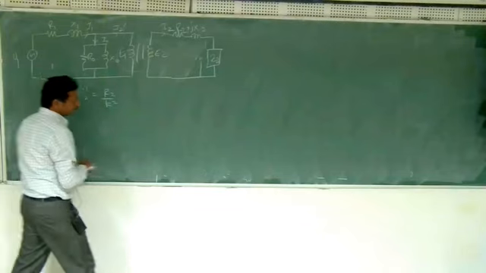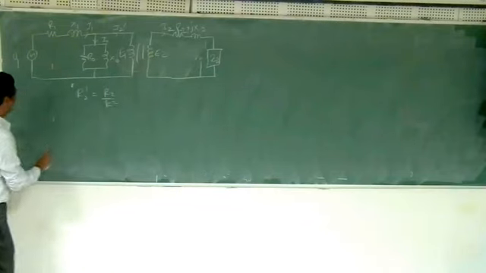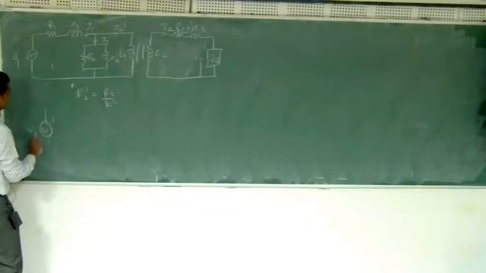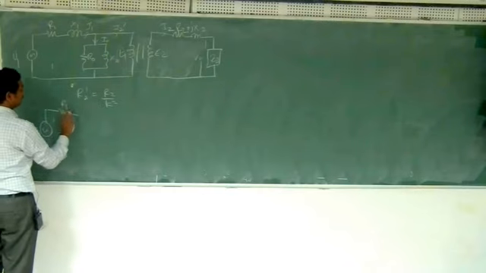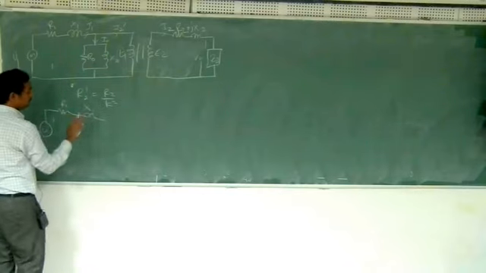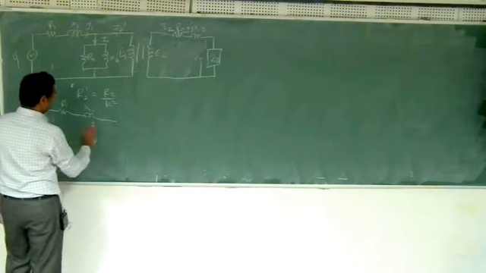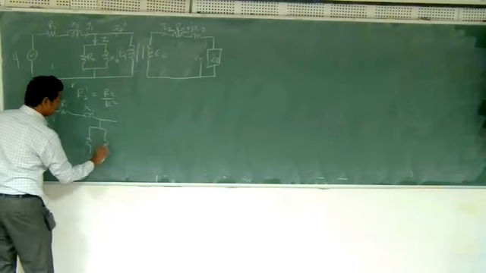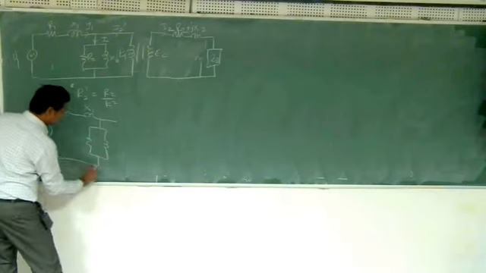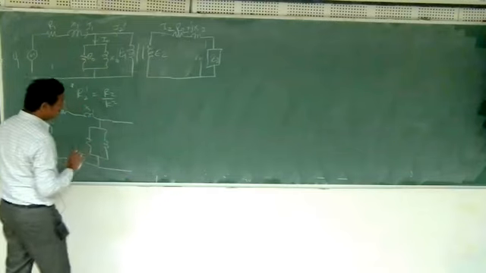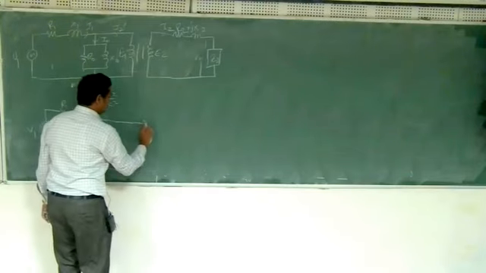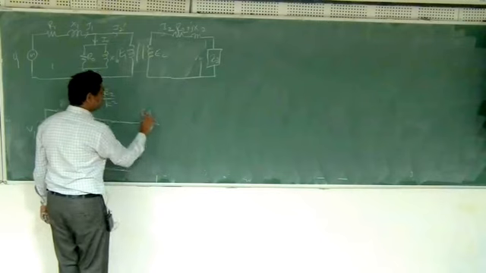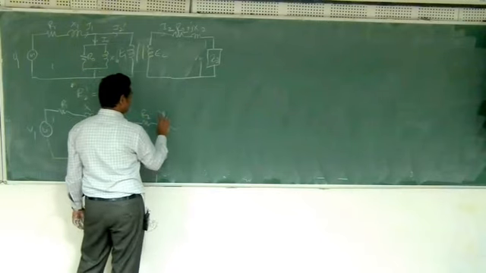So I'll draw another circuit now. This is V1, this is R1, X1, and this one is same. I'll not label it. Now here R2 dash, X2 dash.